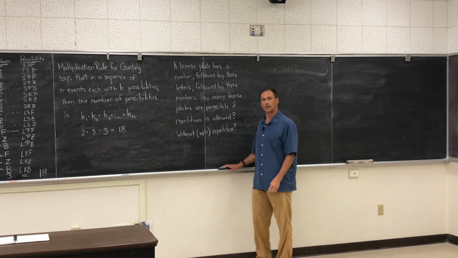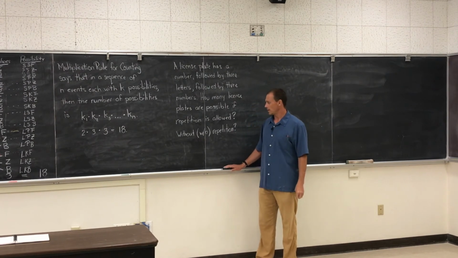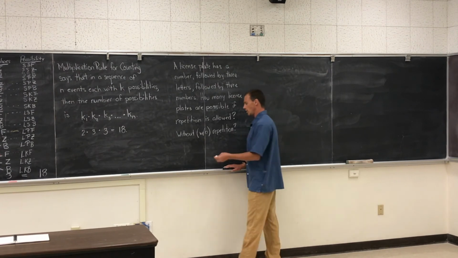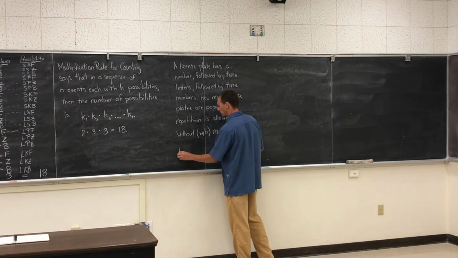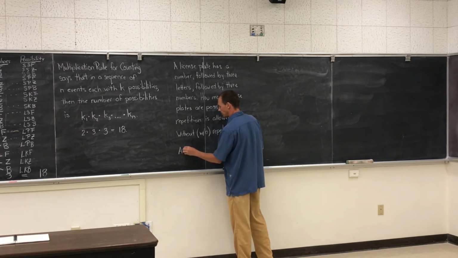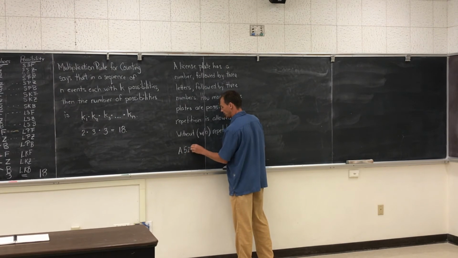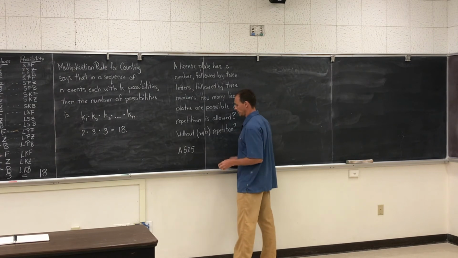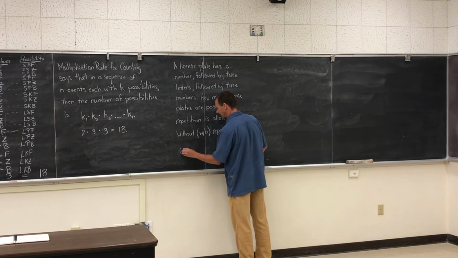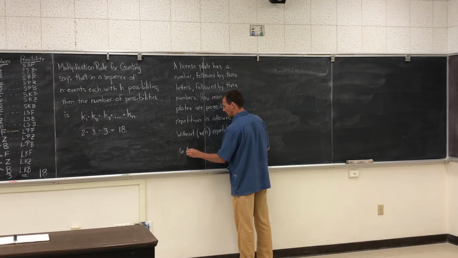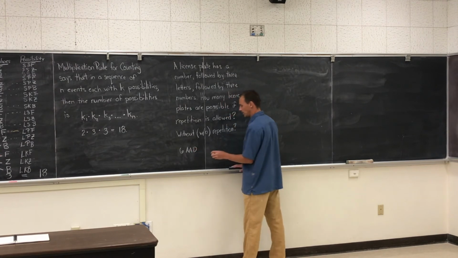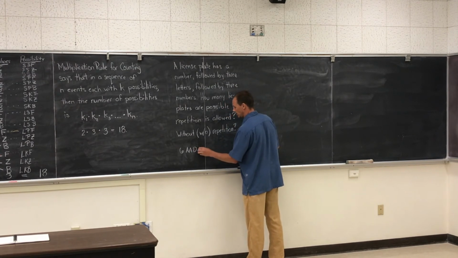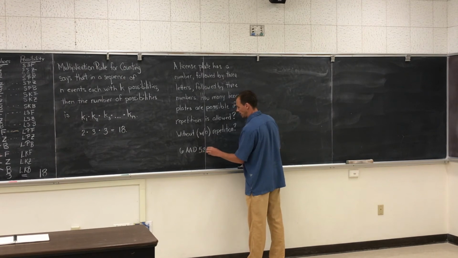Okay, let's take a look and see if we can do this. Now, for example, a license plate may look something like a number, say 6, then 3 letters, it could be A, D, and then 3 numbers, so it could be 5, 2, 5.